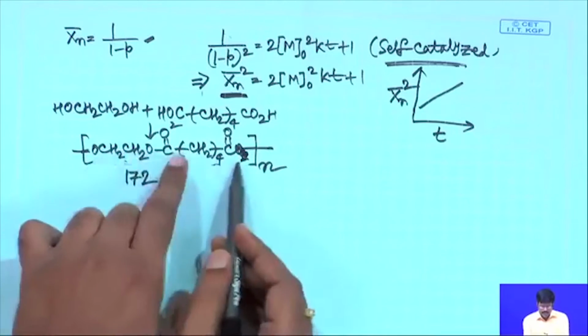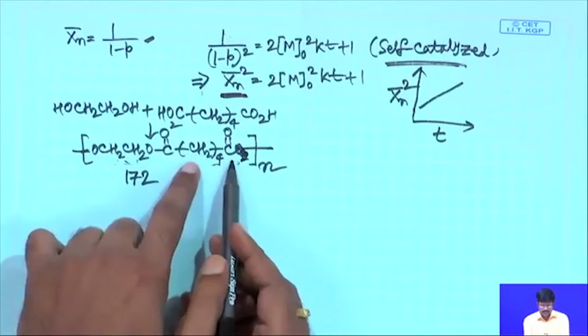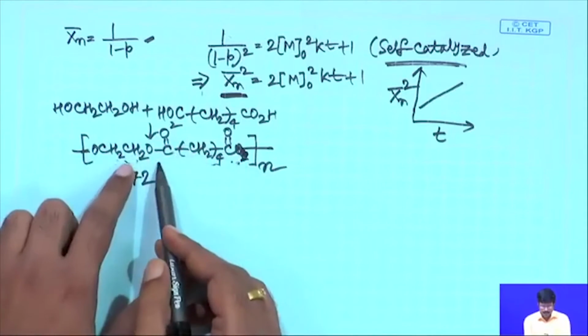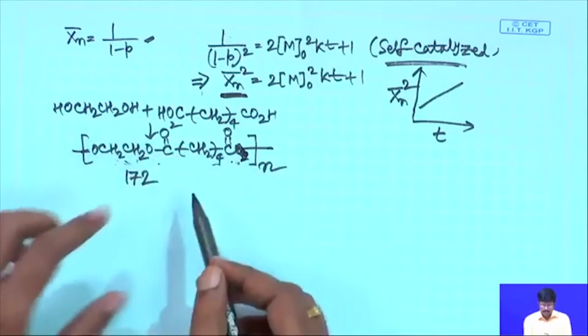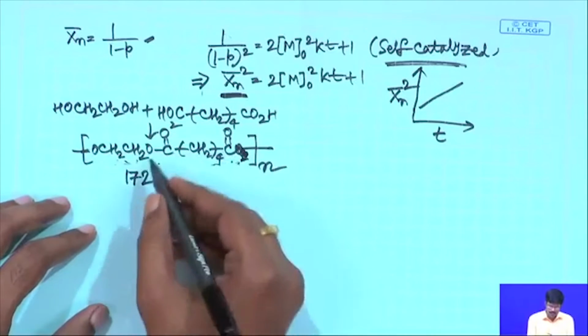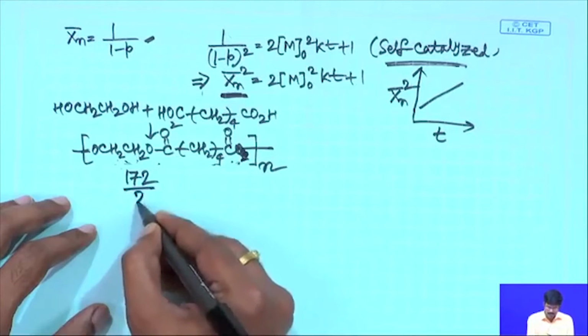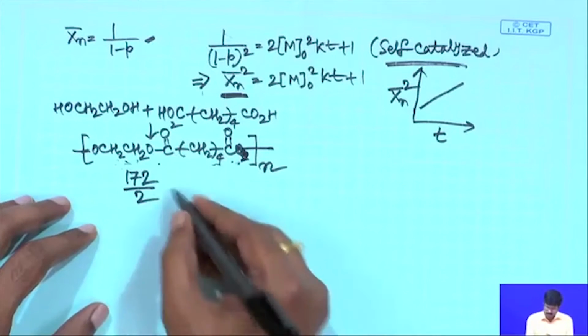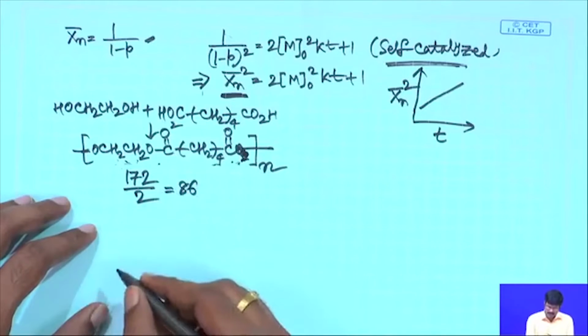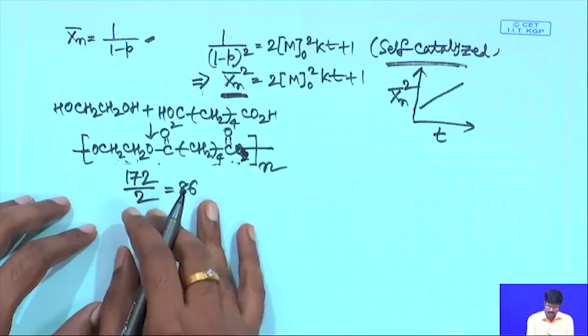Now, in this repeat unit you basically have two structural units. So, the average molecular weight per structural unit for this polymer is 172 by 2, and that will be equal to 86. Now, there are different conventions with regards to this.